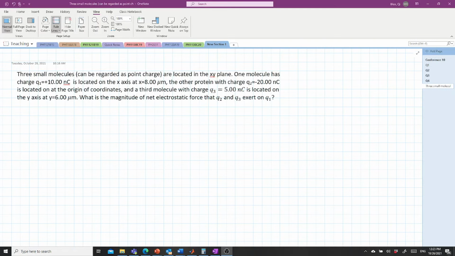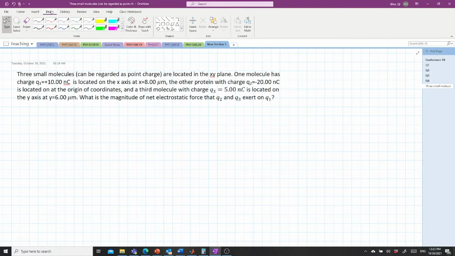Let's look at the example that we did in the lecture. In this problem, we were asked to find the electrostatic force that charges Q2 and Q3 apply on charge Q1. Let's follow the steps one by one. First, we sketch the problem by drawing the locations of these particles in the XY coordinate system.